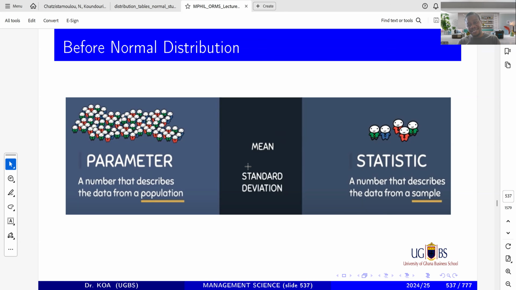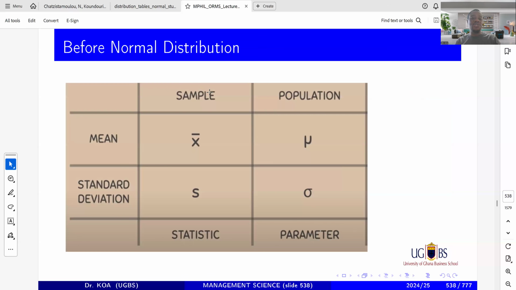A sample is a portion of the population. Therefore, a statistic describes the characteristics of the sample. Now, the mean of a sample is given as X bar.